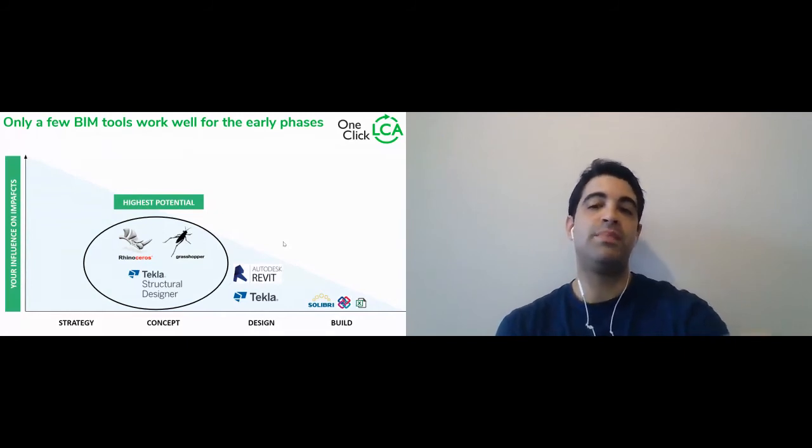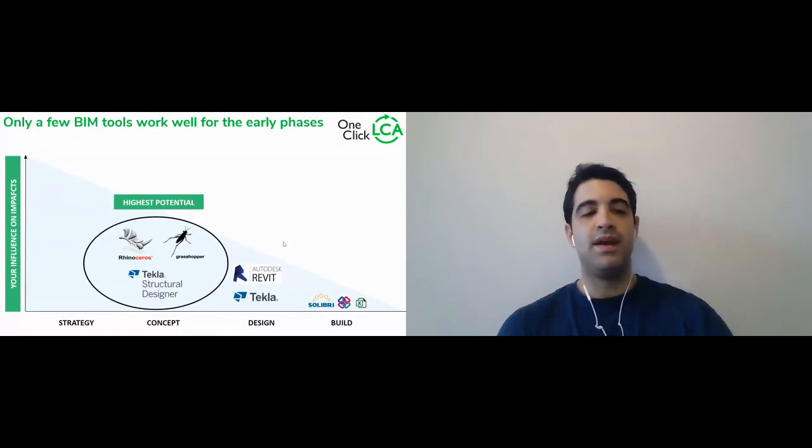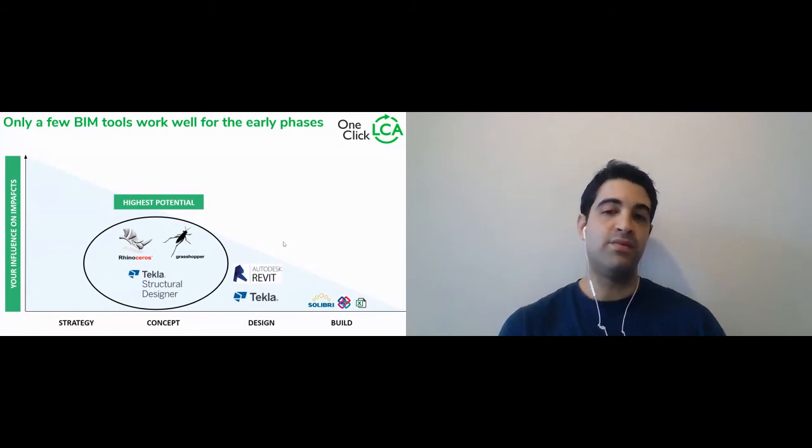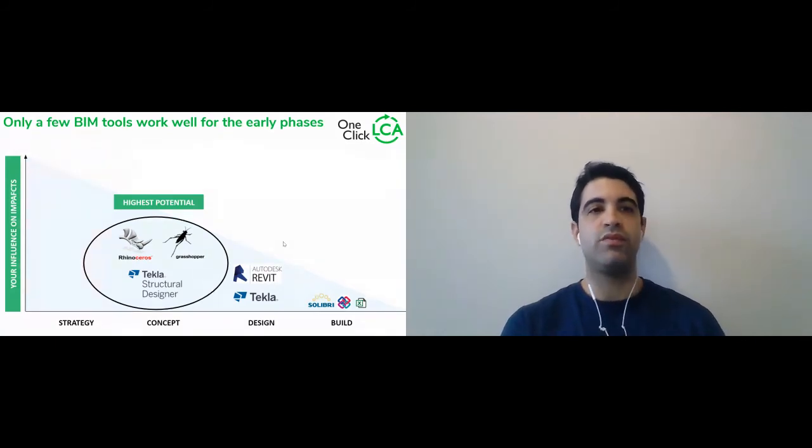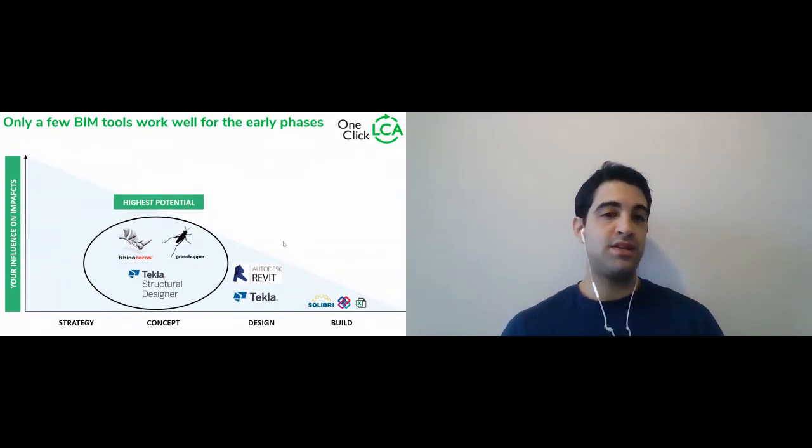But when you're already in the build stage, your influence on impact is quite low, because everything that came before was already decided: the location, the size, orientation, certain materials, etc. When I say impacts, I'm talking mainly about environmental impacts, and that is now low. That's why it's important to start making changes in the concept stage.